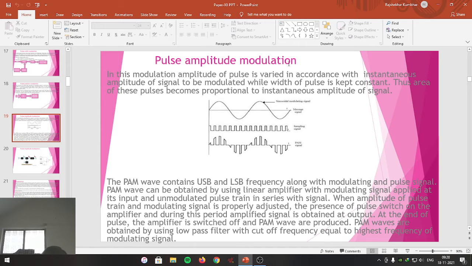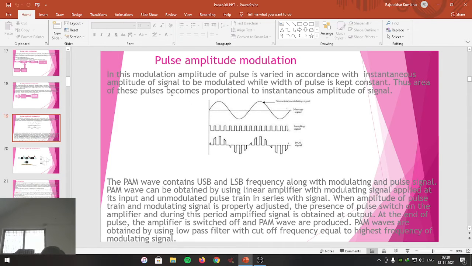It is the type of modulation in which, as the amplitude of the sampled signal varies, the amplitude of the pulse also varies. Meaning thereby, if the amplitude of the modulating signal changes, accordingly the amplitude of the pulse changes.